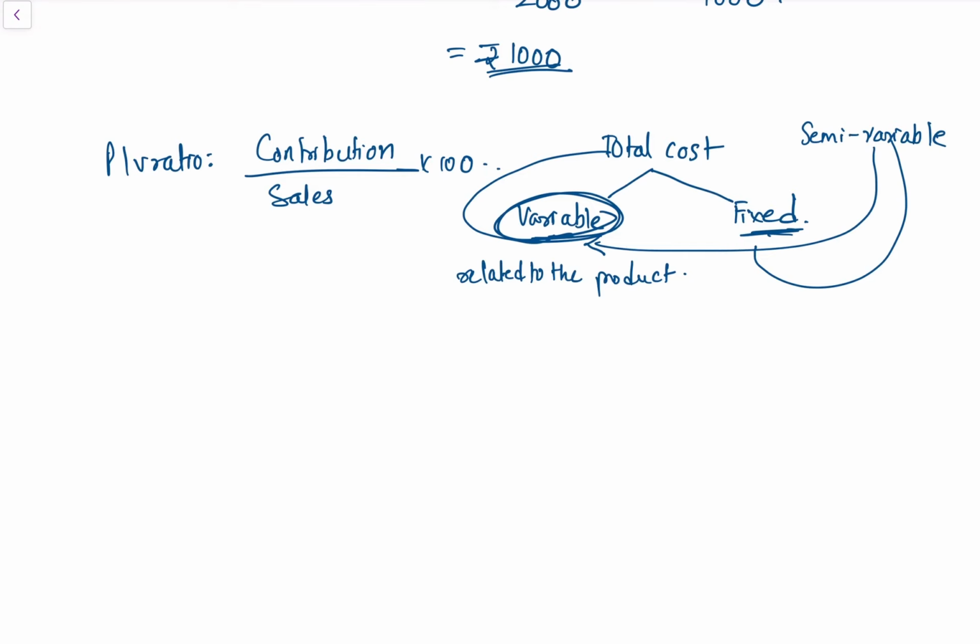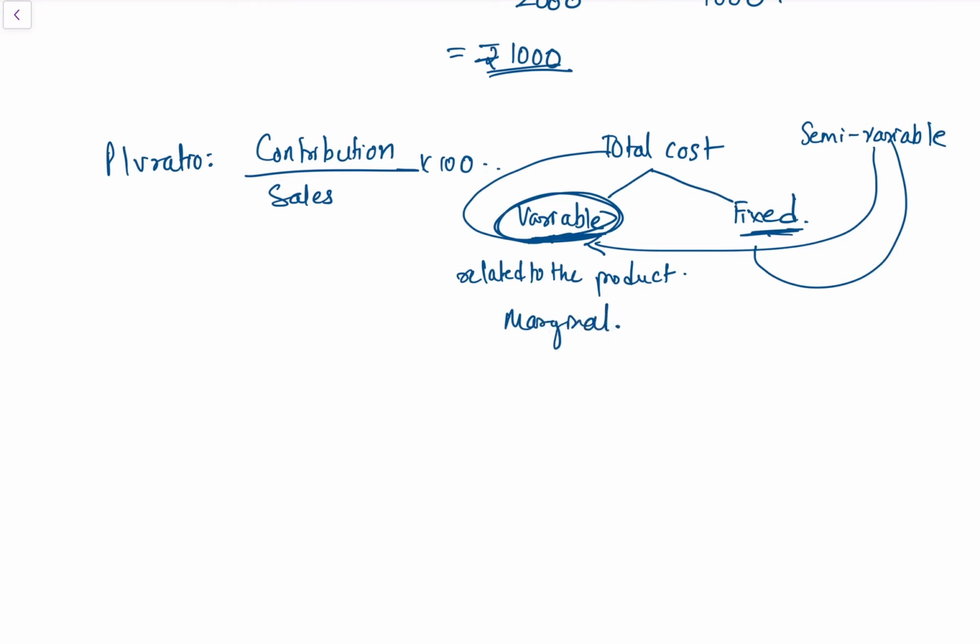Fixed cost is irrespective of whether you make the product, make less, make more, you have to incur that fixed cost because of running the business. You may avoid this fixed cost on stopping the business or closing down the business. But for making the product, what you incur is called variable cost, which is also called marginal cost.